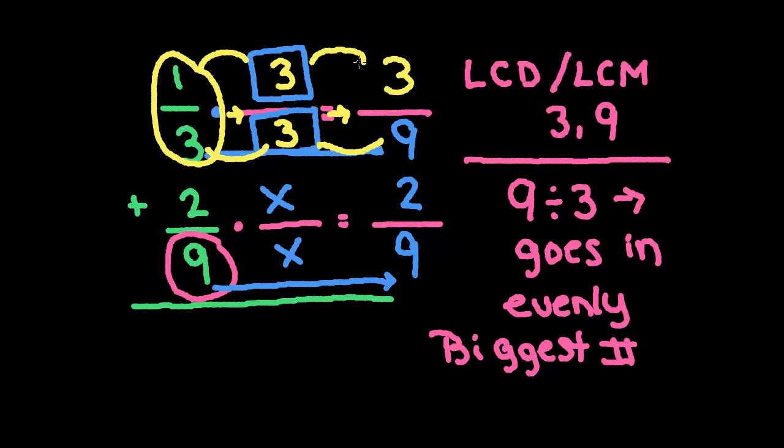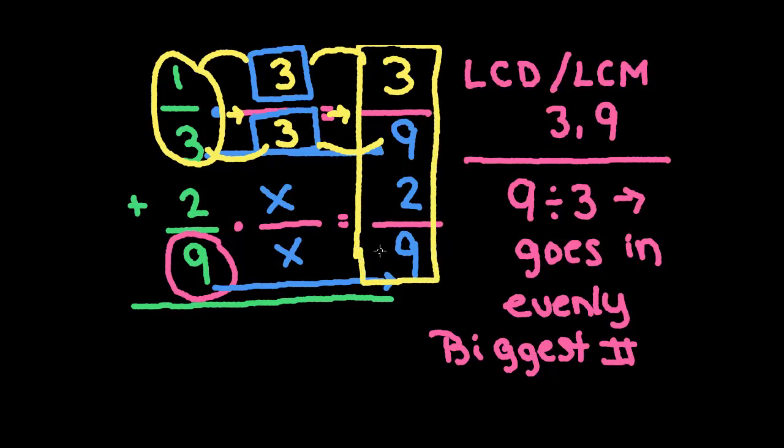Now I have two fractions that have the same denominator, and I can go ahead and add them. When you add two fractions that have the same denominator, we add the numerators and carry along that same denominator. So we have 3 plus 2 is 5, and so we get 5/9 as our final answer.